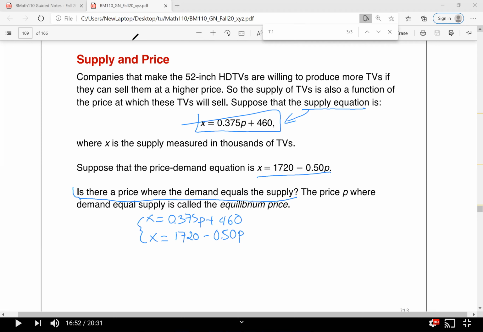Because the variable is on both sides: p on the right-hand side, x on the left-hand side. So you can choose either the first one or the second one to substitute into the other. Let's choose the first one and substitute into the second one.